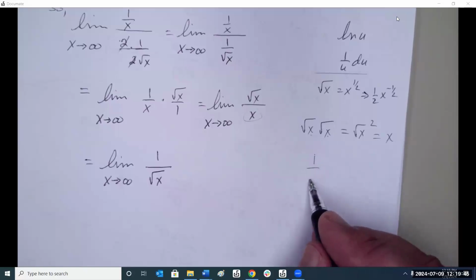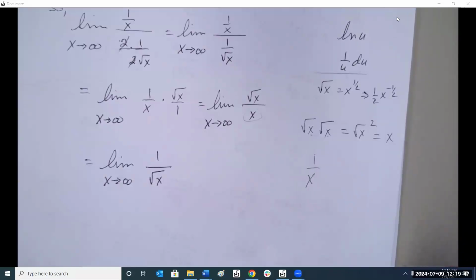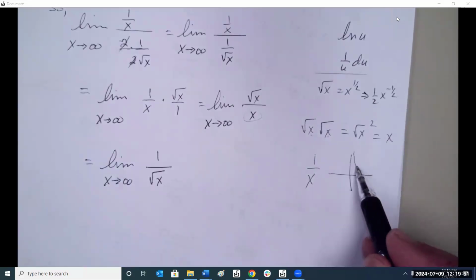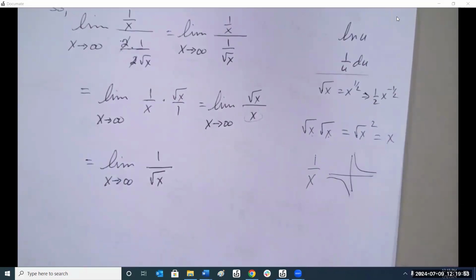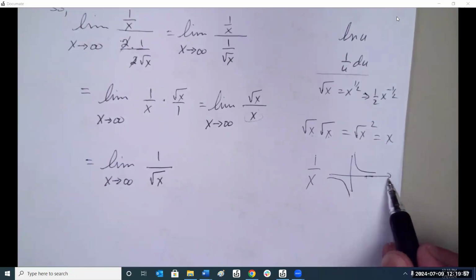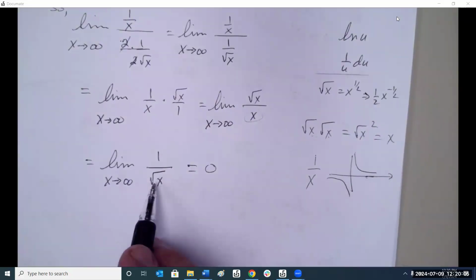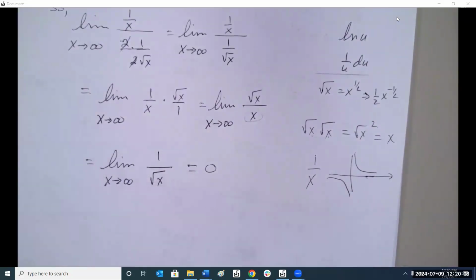Let's look at the graph of 1 over x. What does the graph look like? When x goes to infinity, where is my y value going? 0. Because as the bottom gets bigger, the number gets smaller.